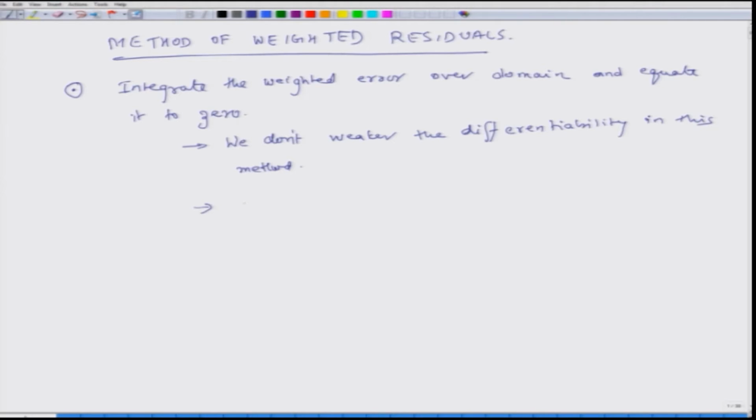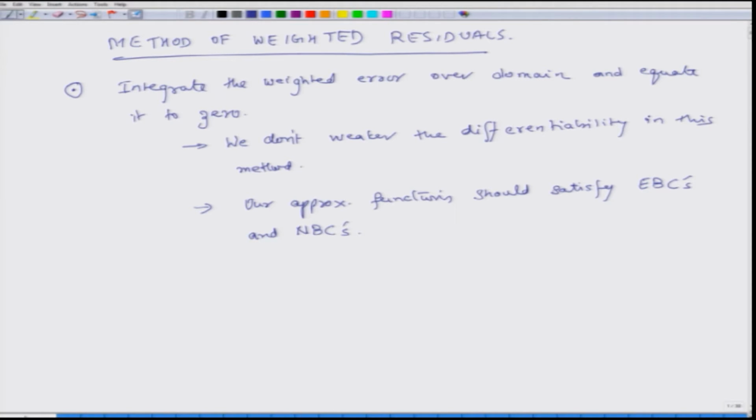So, our approximation functions should satisfy both essential boundary conditions and natural boundary conditions. In the Rayleigh-Ritz approach, we did not have to worry about the natural boundary conditions, because they were getting automatically satisfied.